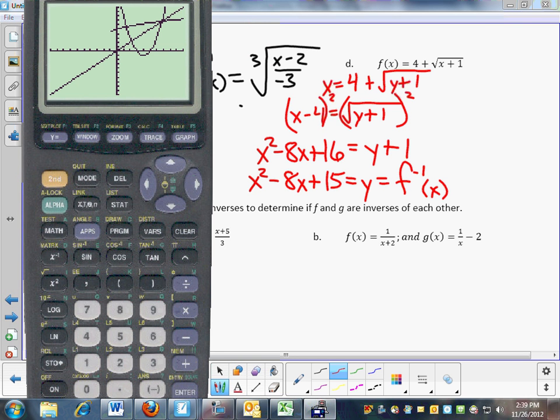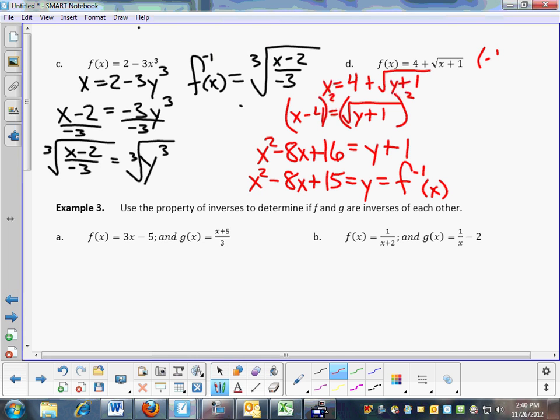So you tell me, what is that coordinate right there? Where does it start? -1, 4. So if the inverse switches the x and the y, what is going to be the coordinate where this thing should start? 4, -1.